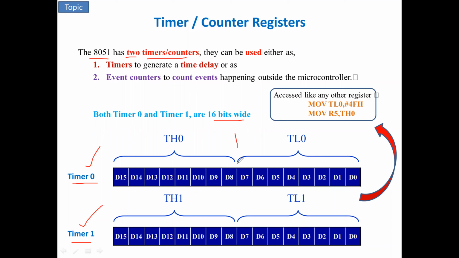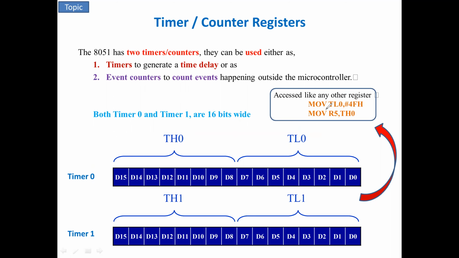In general they are split into two: timer 0 lower byte and timer 0 higher byte. They are separated, and can be used as we generally use MOV TL0, comma some data. So this data will be moved to TL0. This can be easily accessed.